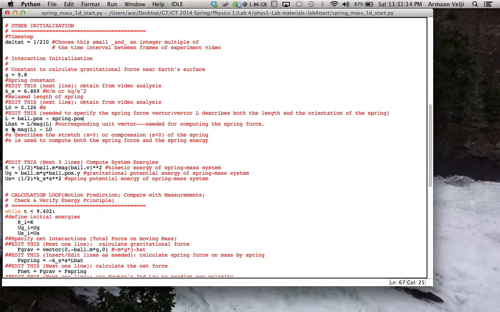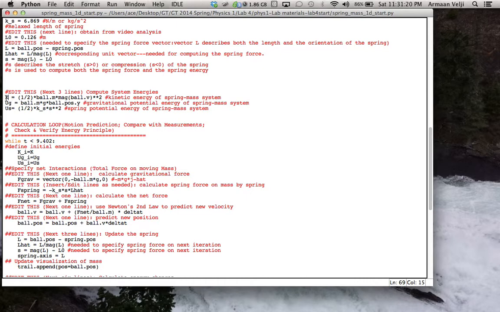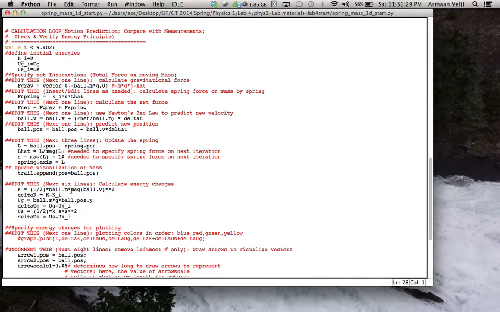and corresponding to that, the value of s. Second, as shown before, I calculated the kinetic energy, the potential energy for gravity, and the potential energy for the spring. Here is the loop where the calculation happens. I initialized the three energy equations.